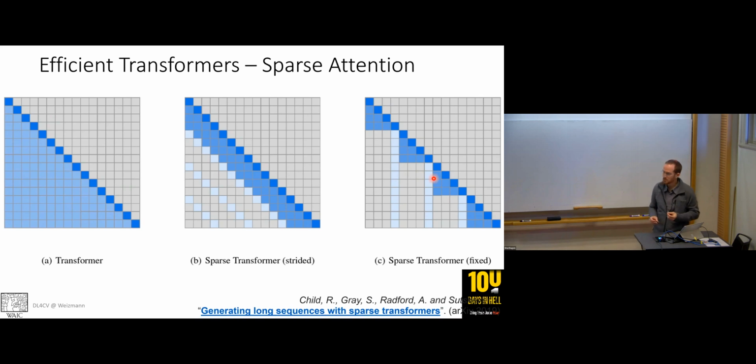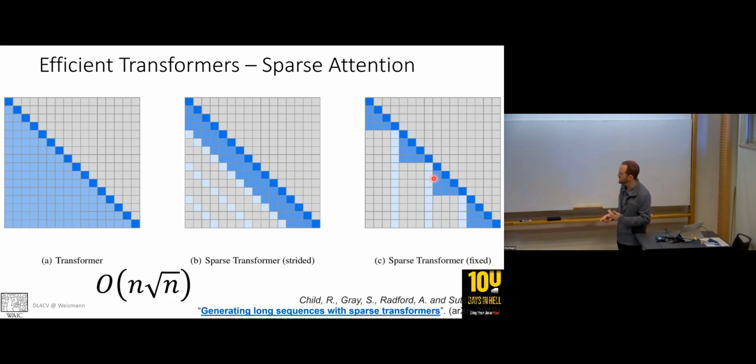If you have these kinds of patterns, then you have not n squared, but n square root of n, which is much better. And still, the damage in performance is not that big because you have multiple layers of attention. Information does propagate between these local and strided attention, and it kind of works.